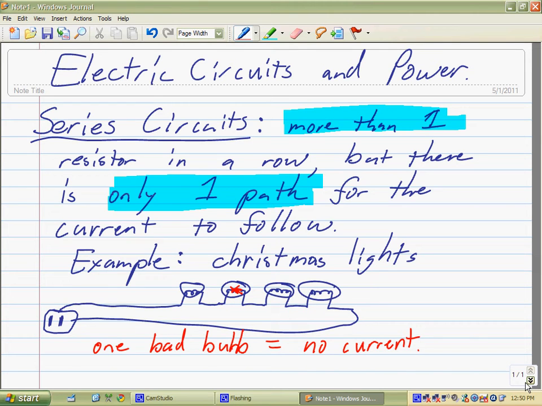Anytime anything breaks, it turns off the current. So a lot of times your house will have a combination of series and parallel circuits. We'll talk about parallels later, but for example in the classroom, if I flip the light switch, the lights turn on. So the lights are in series with the light switch. If current's not flowing through the switch, then current won't flow through the lights.